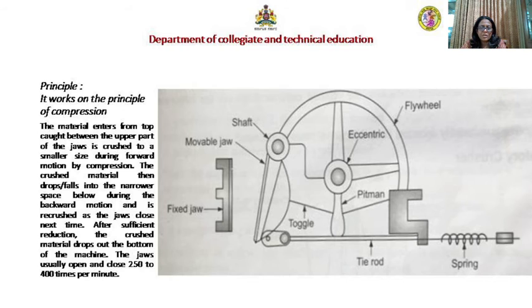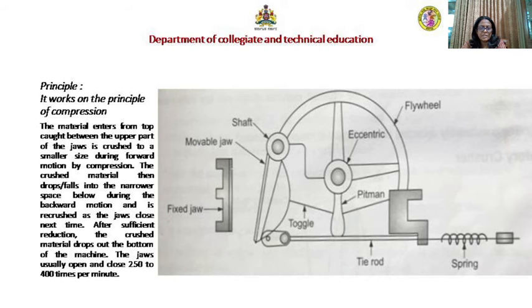The material gets caught between the two jaws. As the movable jaw moves back, the material is admitted inside, and when it moves forward, the material caught between the two jaws is compressed and crushed.